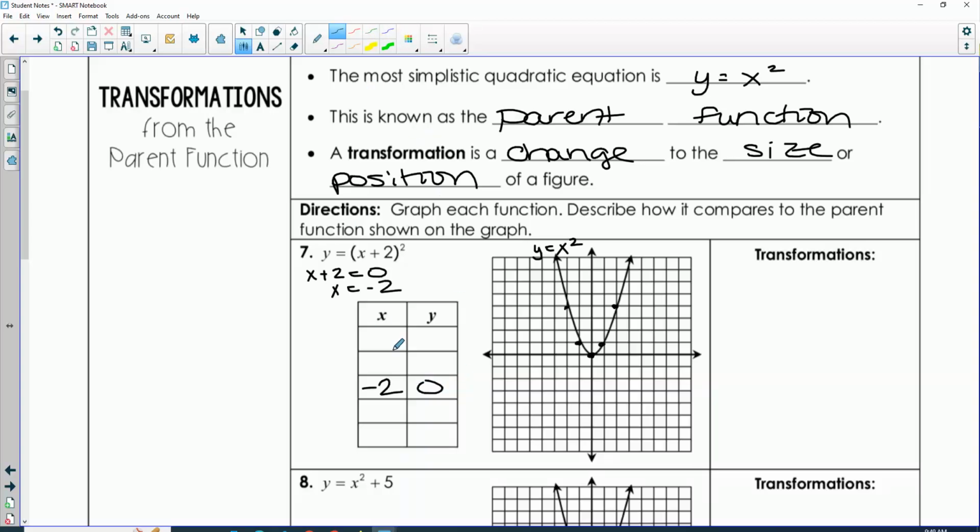All right, and then we plug in points smaller and larger. So everybody grab a calculator. We are getting much better at plugging these in. All right, you plug in negative 4. You guys plug in negative 3. You guys plug in negative 1, and you plug in 0.